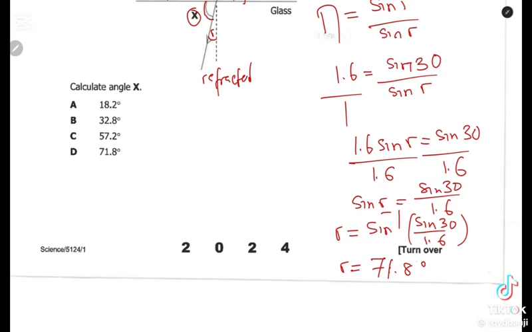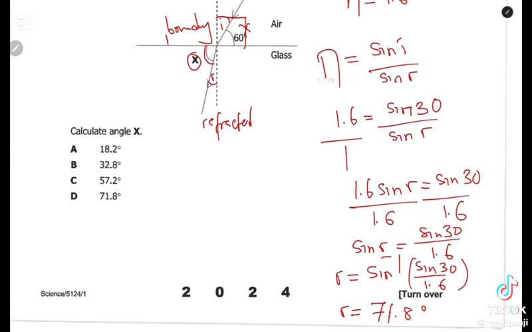That is the angle of refraction. But what we are looking for is not the angle of refraction. If we found this one to be 71.8 degrees, we need to subtract it from 90 to find this angle x here. Therefore 90 minus 71.8 gives us 18.2 degrees. So the answer is A.